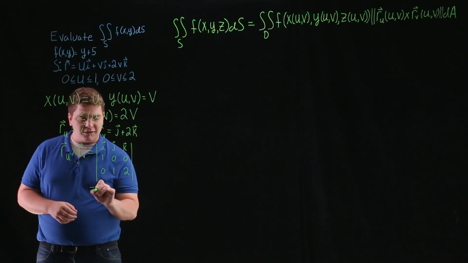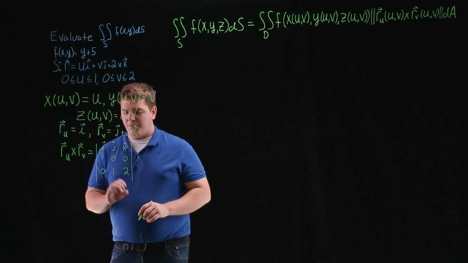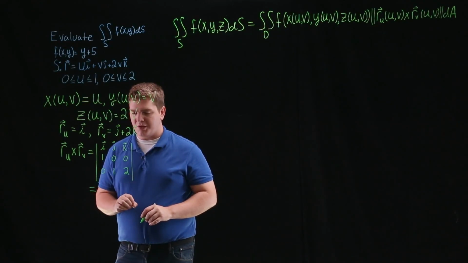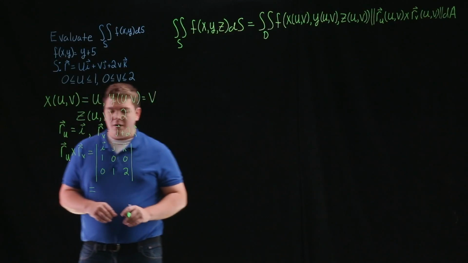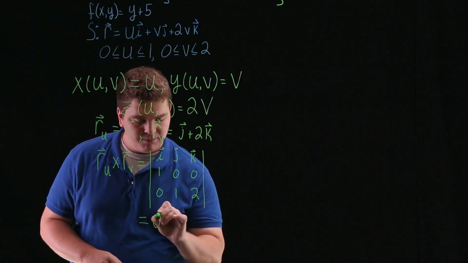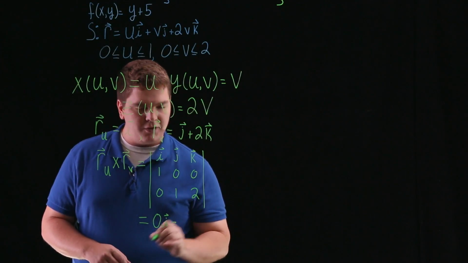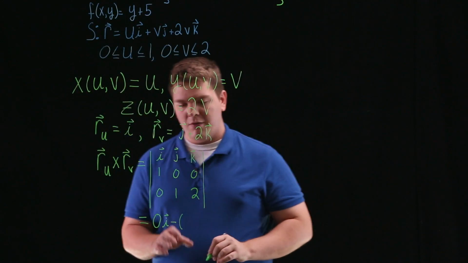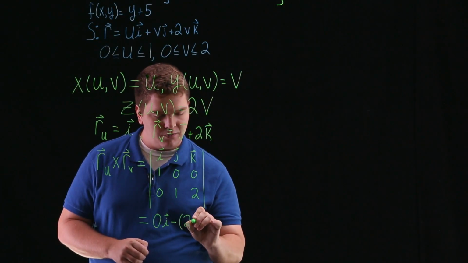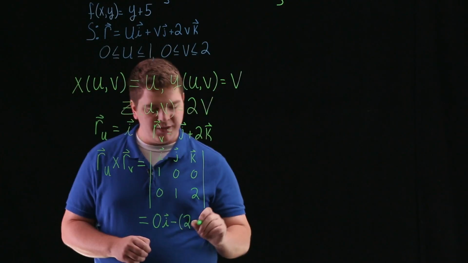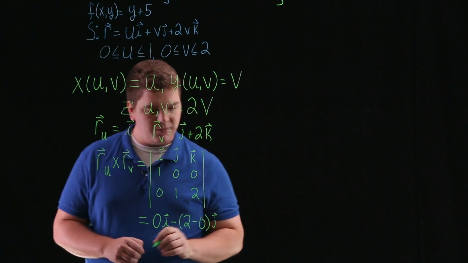Now let's find this cross product. For the i part, we have 0 times 2, which is 0, minus 0 times 1, which is 0. So we have 0i. For the j part, we're subtracting 1 times 2, so we'll have 2 minus 0 times 0, so 2 times j.